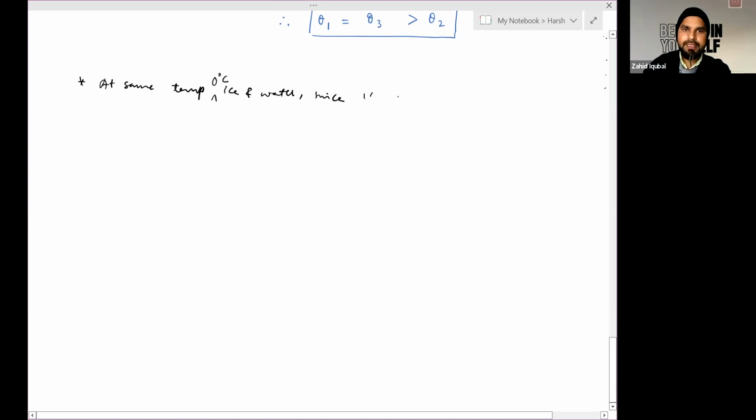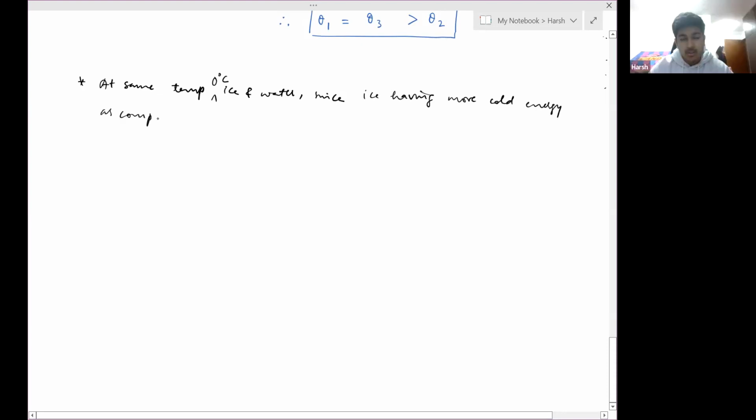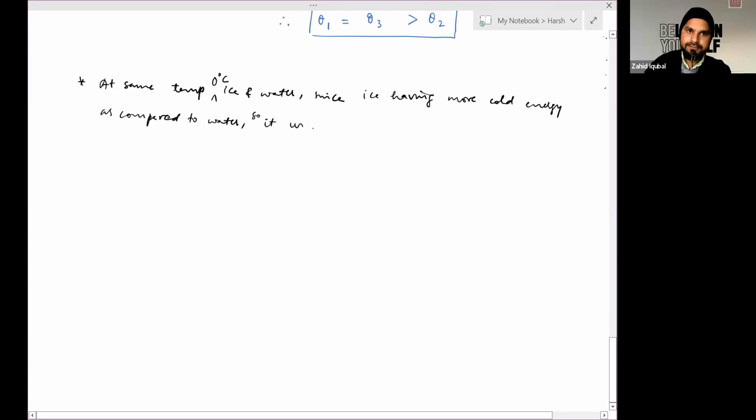Since ice has more cold energy as compared to water, it will be a better cooling agent, so it will be more effective in cooling.